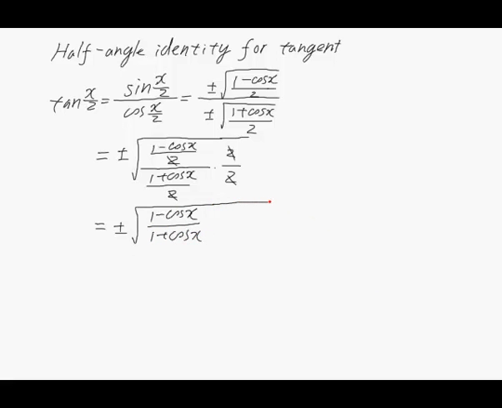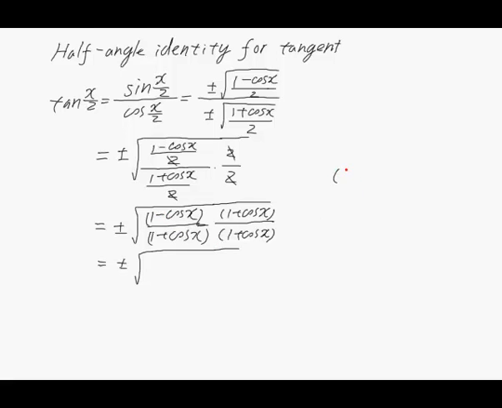Now, to simplify this expression, let's multiply both the numerator and denominator by 1 plus the cosine x. We try to rationalize the denominator. And then for the numerator, you have the 1 square minus the cosine x square, right?